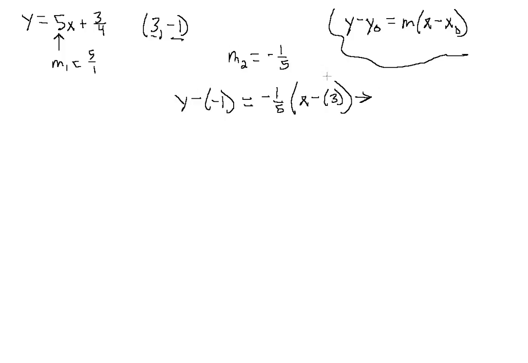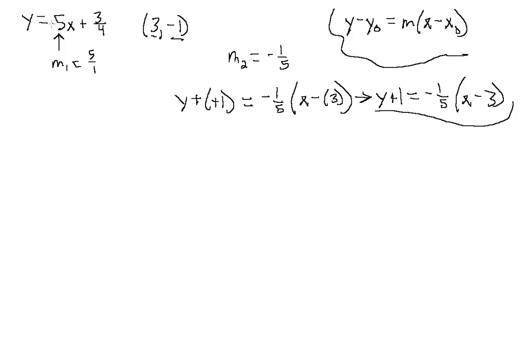Let's go ahead and simplify this out. These two negative signs cancel, so we have y + 1 = -1/5 (x - 3). Okay, so this is the equation that we're looking for. This is the equation in point slope form.